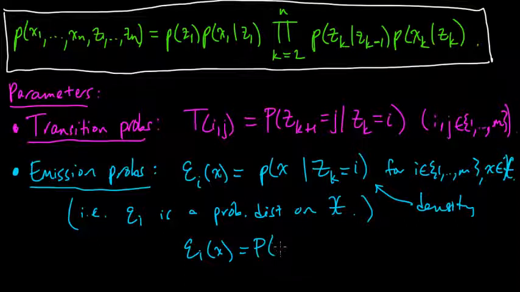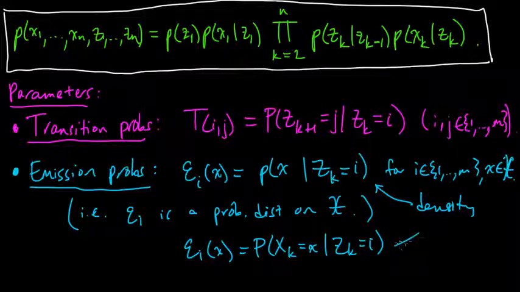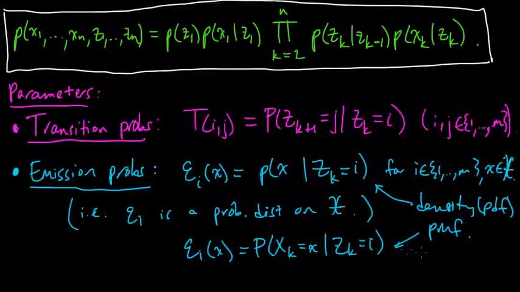To make it concrete, this is the distribution for x_k. This is the probability that x_k equals little x, given that z_k equals i, a PMF. These epsilon i's are going to be used here for the probability of x_k given z_k, and also here for the probability of x_1 given z_1.